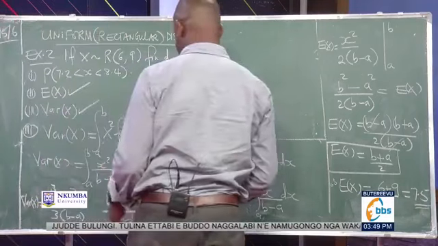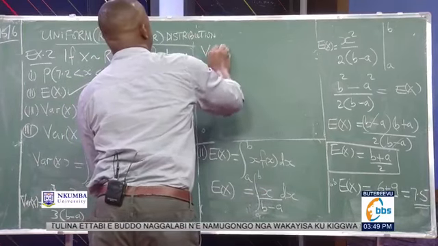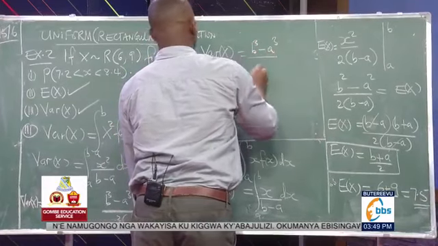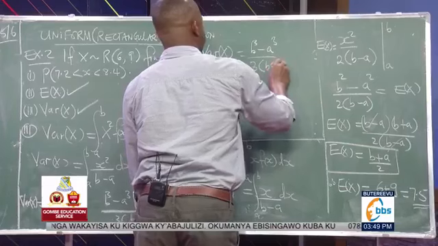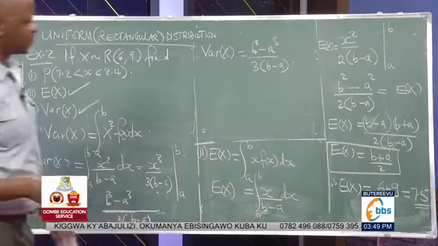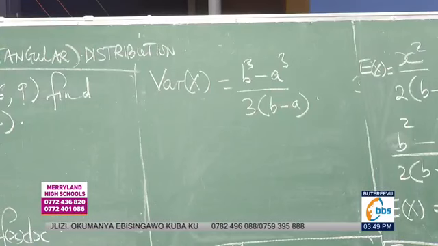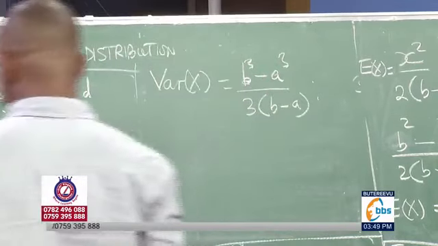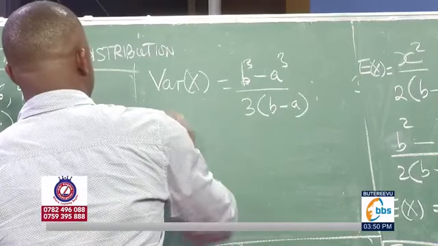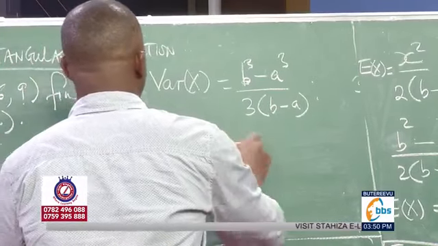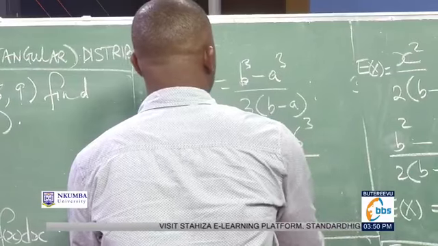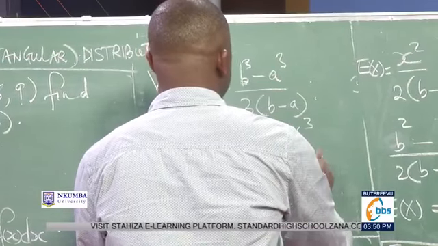Now, this can be simplified. The variance of x we are saying is b cubed minus a cubed over 3 into b minus a. This numerator can be simplified, but we can leave it over there, and therefore get the variance of x for this function as 9 cubed minus 6 cubed over 3 into 9 minus 6.